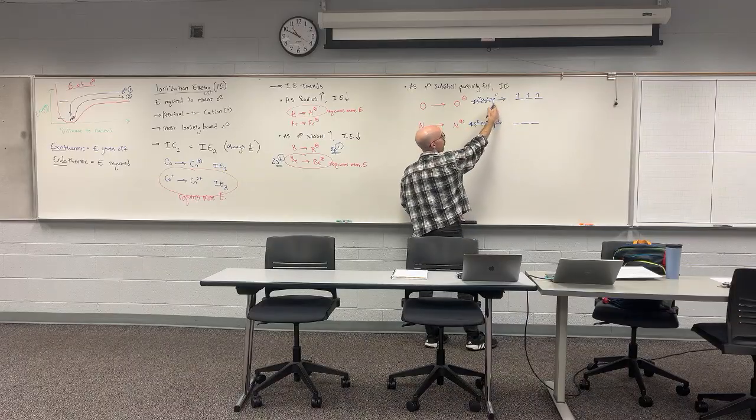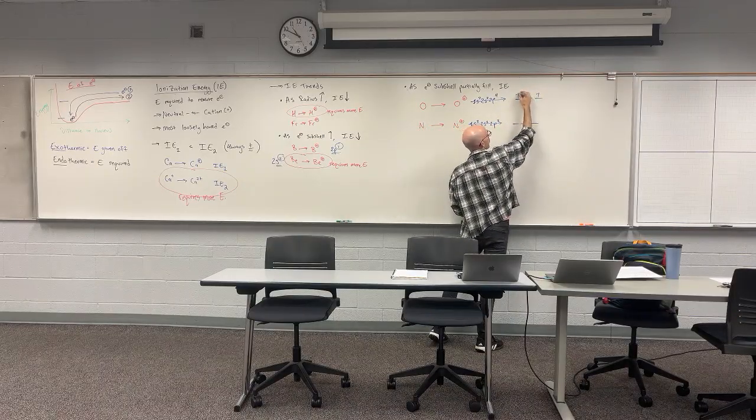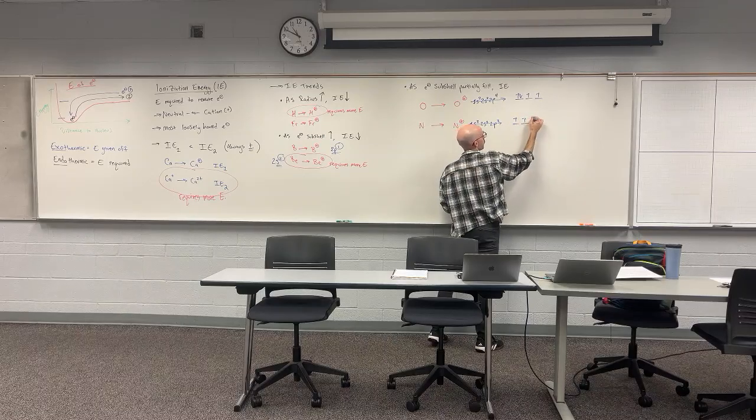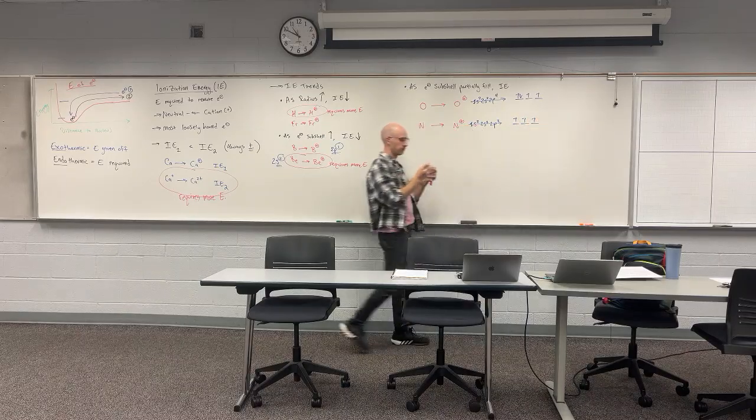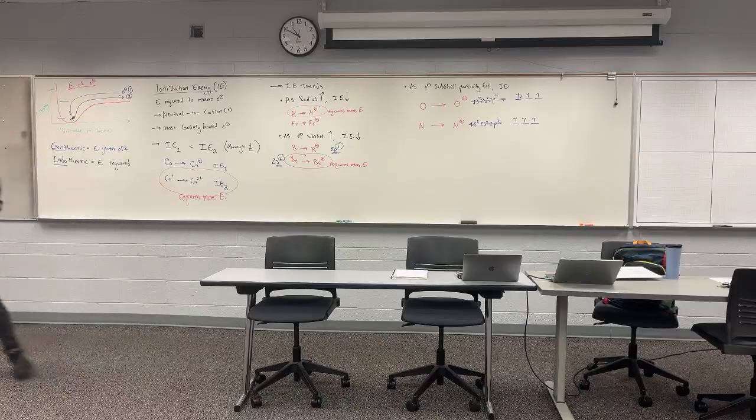Oxygen has 4 2p electrons: 1, 2, 3, 4. Nitrogen has 1, 2, 3, 2p3. Okay, so we've got some terminology that maybe we need to clear up.